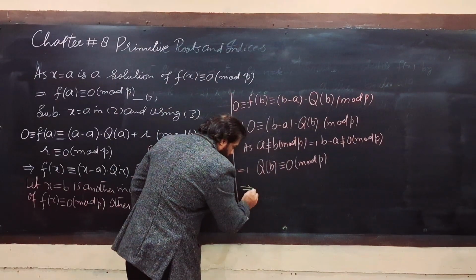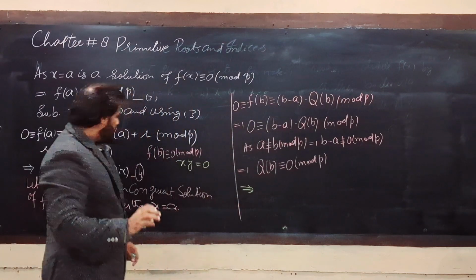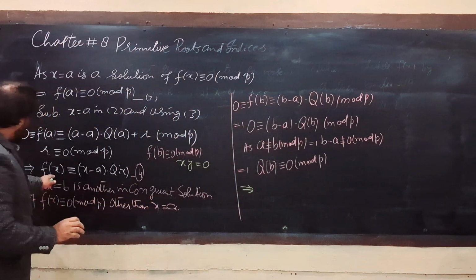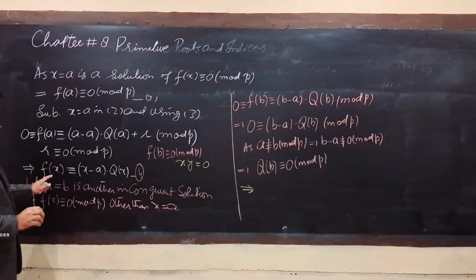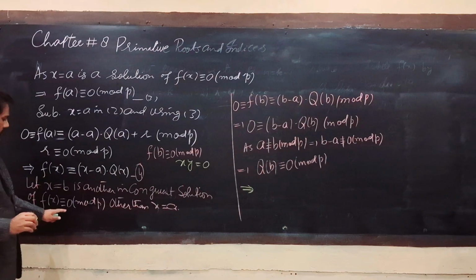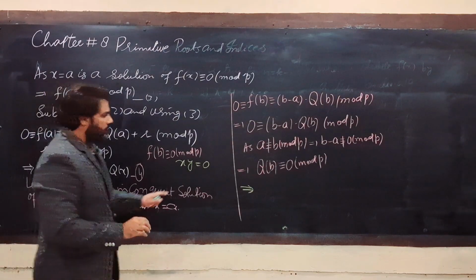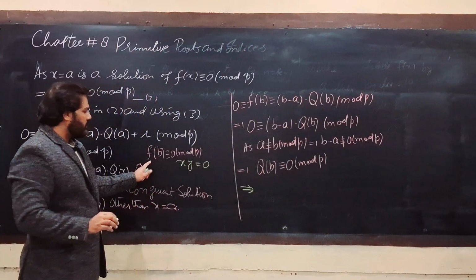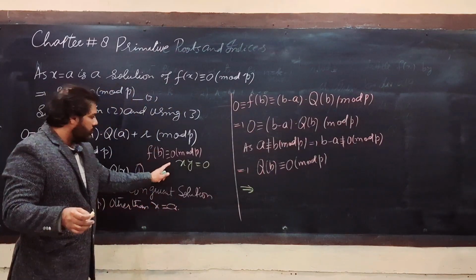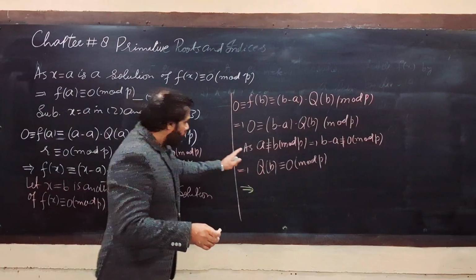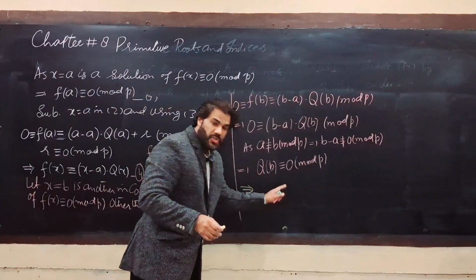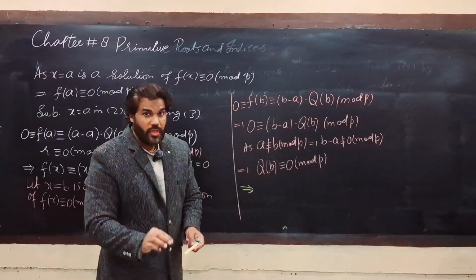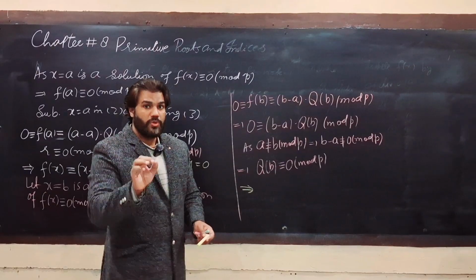What does this show? This shows that any solution of f of x congruent to 0 is also the solution of q of x, because x is equal to b is a solution of f of x, so we have f of b congruent to 0. Similarly, we have proved that q of b is also congruent to 0. It means x is equal to b is also a solution of q of x.